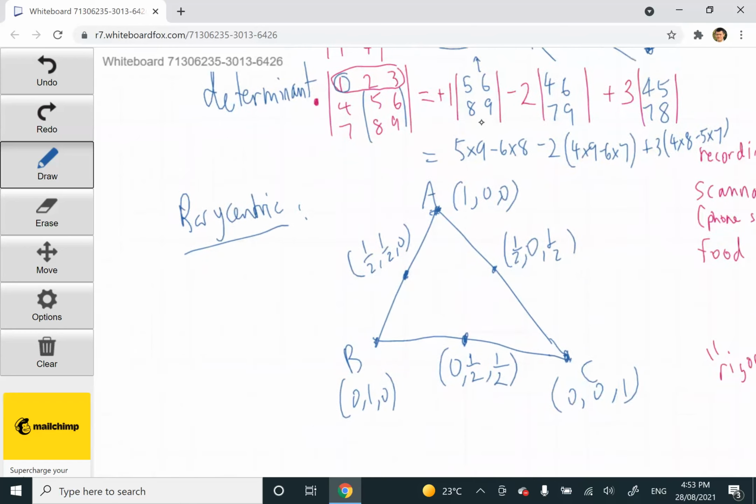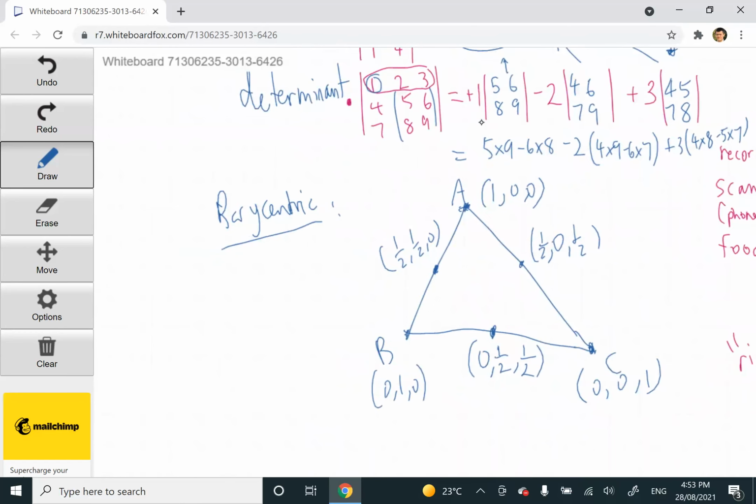And basically what we have is a formula. The formula I want to write down is for the area of a triangle, okay? So let's take an example triangle. So the area of this triangle, let's call it DEF.